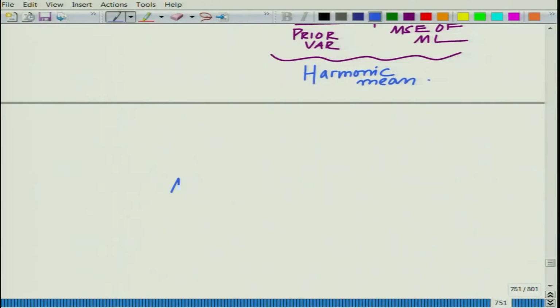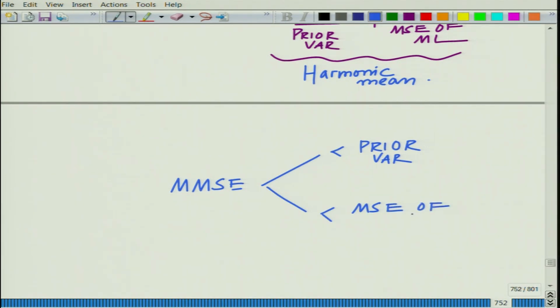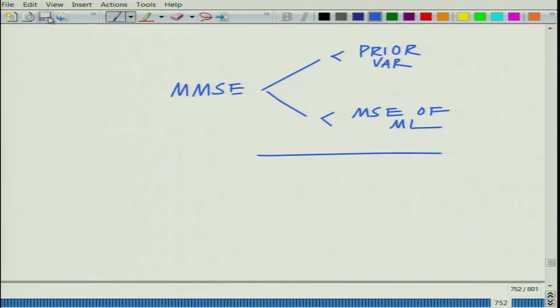So, the MMSE, because of this property, is less than the prior variance and less than the MSE of the ML estimator. So, using the prior and ML, you are combining them to obtain a better estimate, with lower MSE than each.